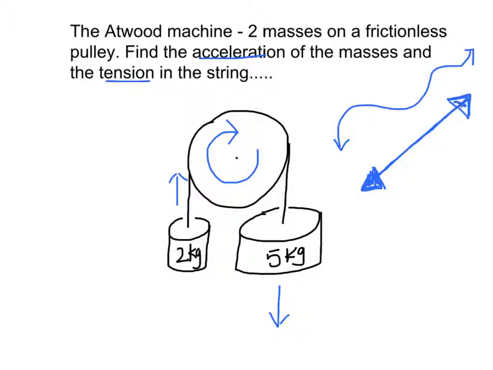So you can think of Newton's third law. For every action there's an opposite and equal reaction, or for every force there's an equal and opposite force, and the same holds true for a string. Okay. So, onward.